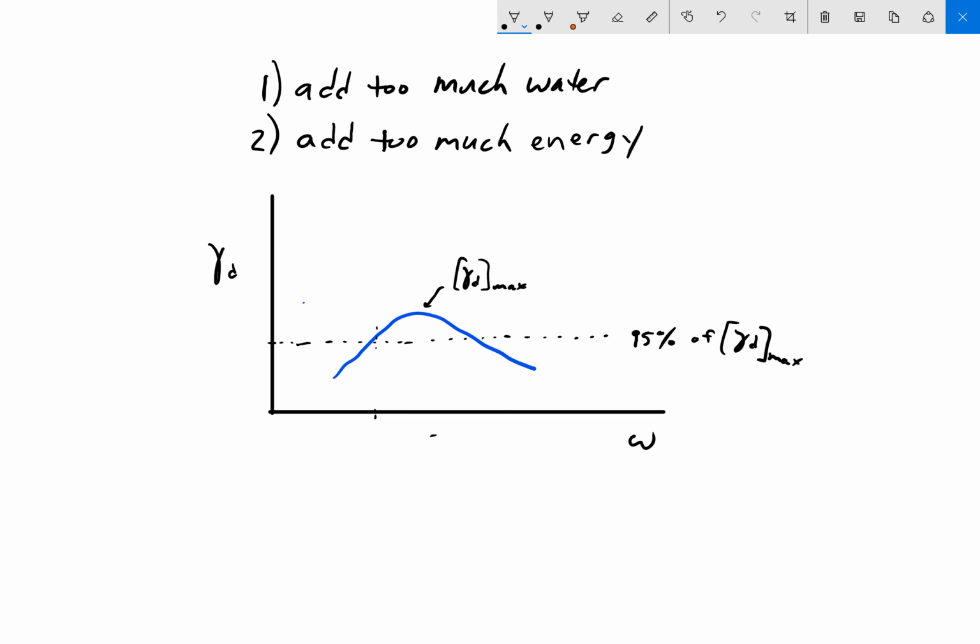And then the tolerable moisture content, think of that as boundaries on this axis.